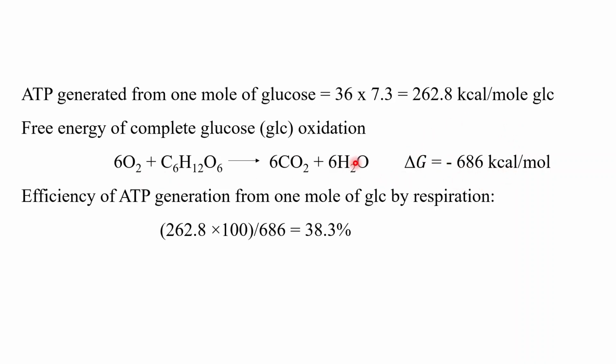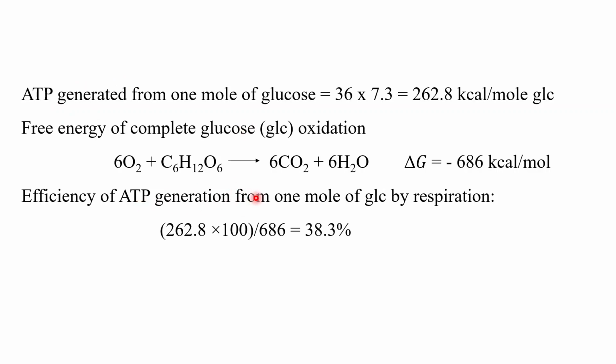That means it is a very spontaneous reaction, and the value is minus 686 kilocalorie per mole. So the total energy is 686 kilocalorie per mole, out of which 262.8 kilocalorie per mole is generated by ATP.